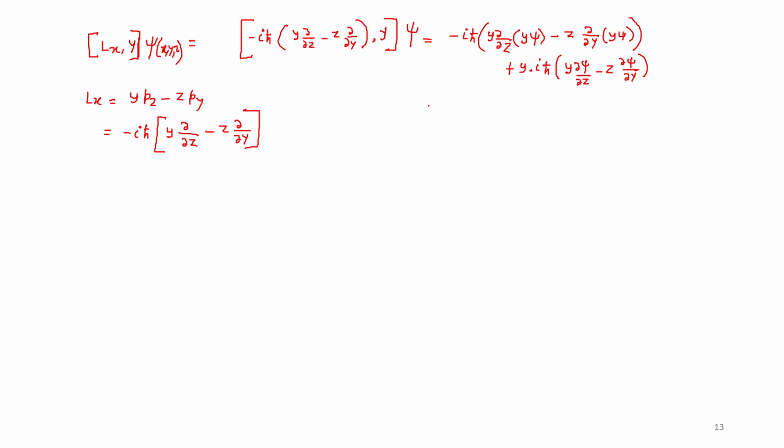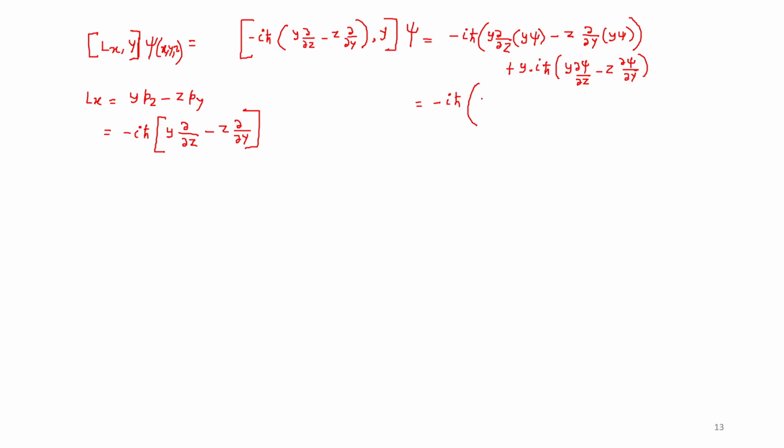And what do we have here? Minus i h cut. Y does not depend on z, right?